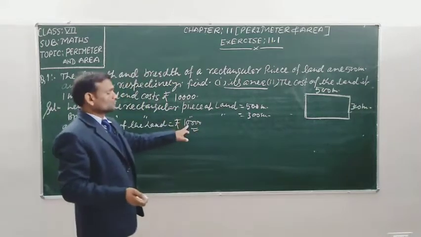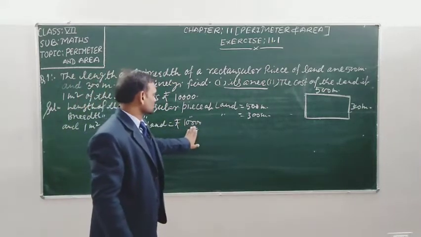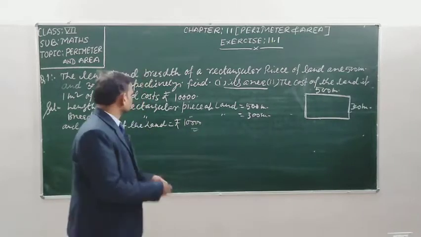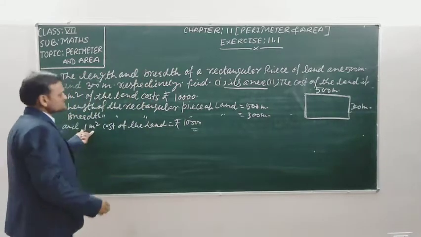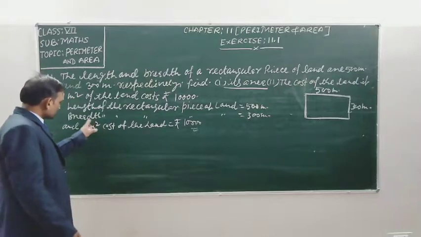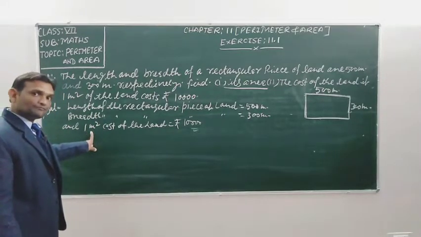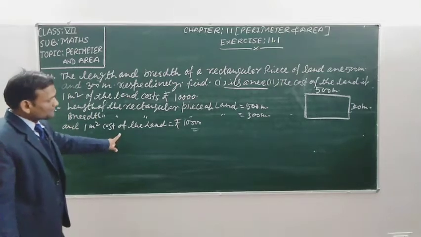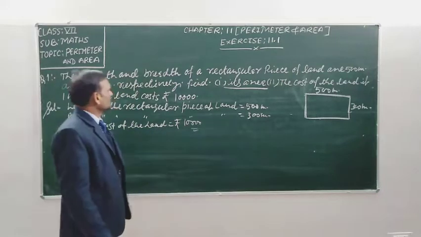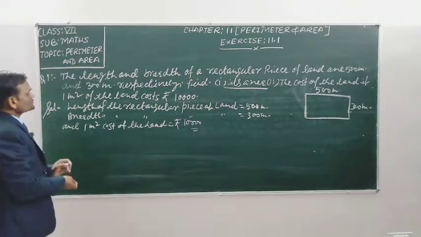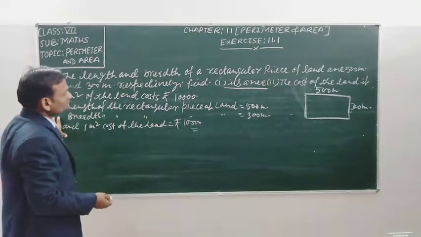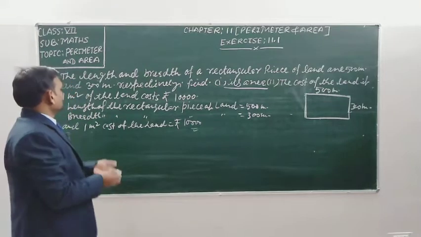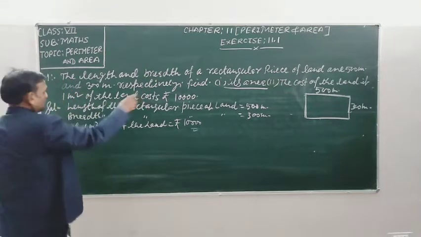If in your book 1,000 is given, you will write 1,000, student, because in my book this amount is a misprint. So this is the rate: if you are purchasing 1 meter square of land, then you have to pay 10,000 rupees. So student, firstly we find out the area.